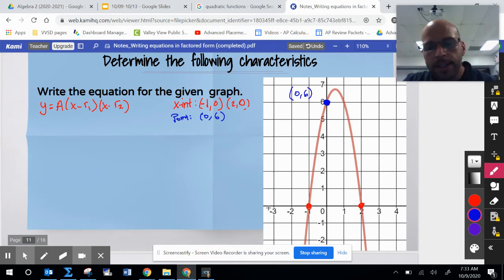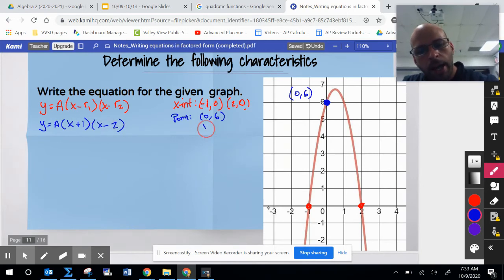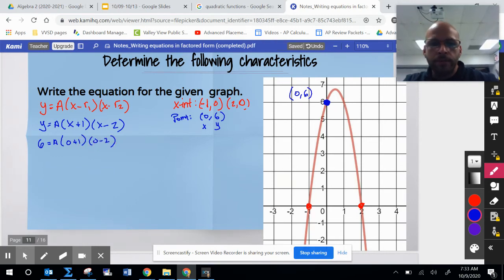So if I then substitute in these values, start with the x-intercepts. x, now it's a -1, so I'm going to say +1. And then x minus 2. Now we're going to plug in, remember, x and y, right? So the y value is 6. 0 plus 1, 0 minus 2. I got the 0 from that point.